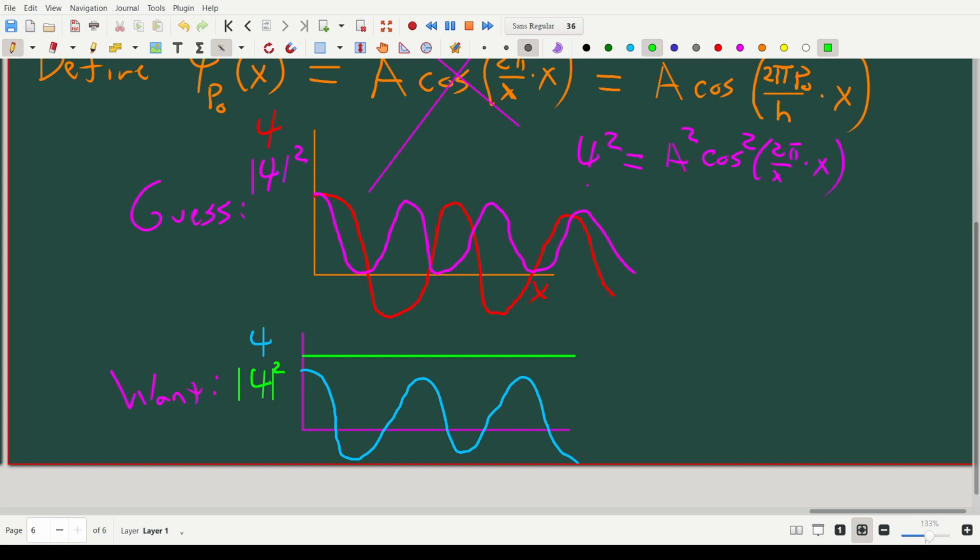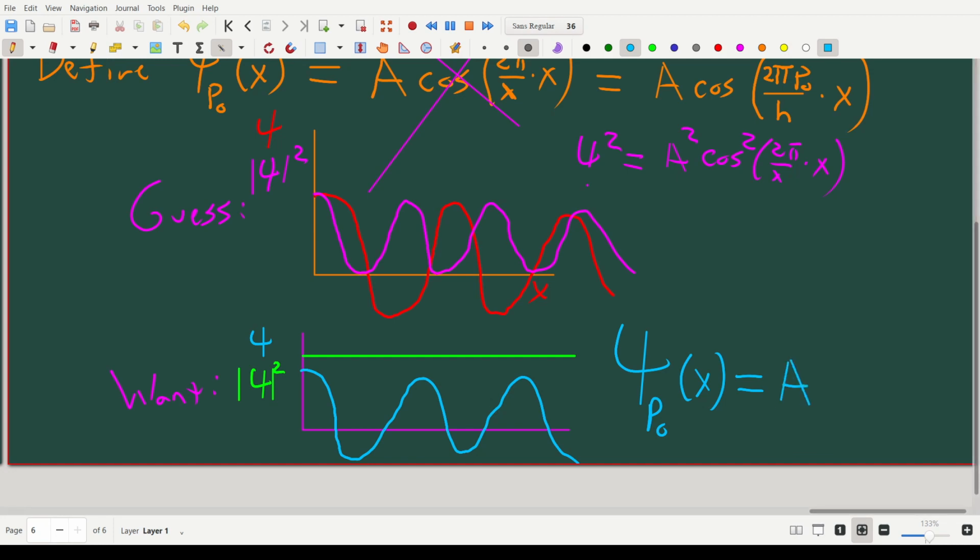There's only one kind of function that does this. There's only one acceptable function. I'll work out the math in just a second. So the only acceptable function here has to be complex.